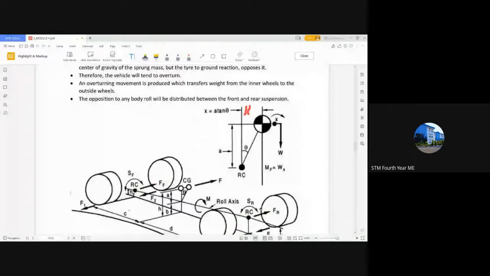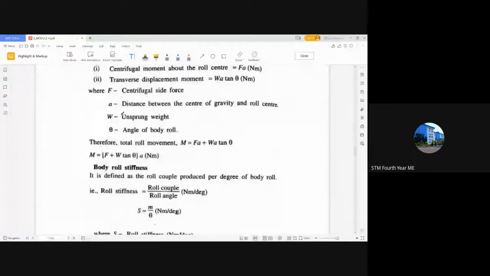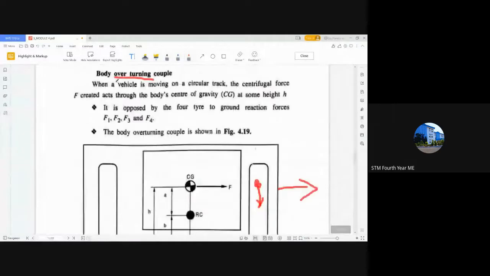So we were discussing roll couple, or the moment that is responsible for the roll of the body. But here we are discussing the couple that overturns the body.